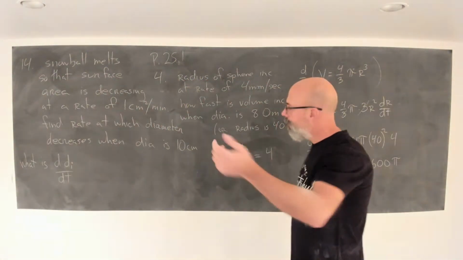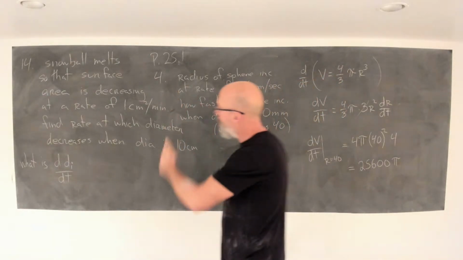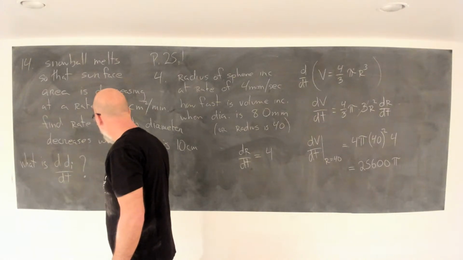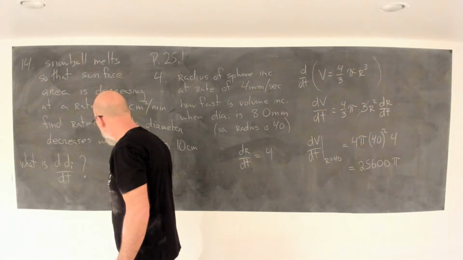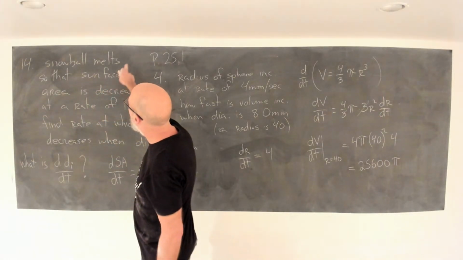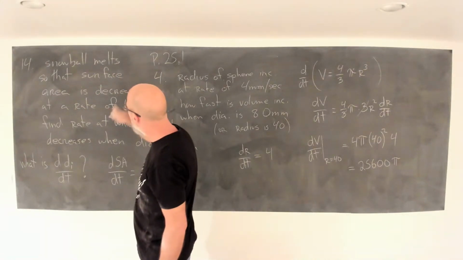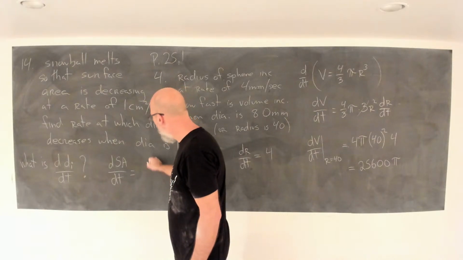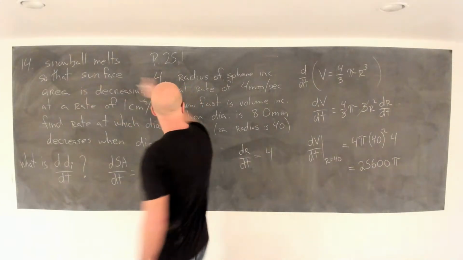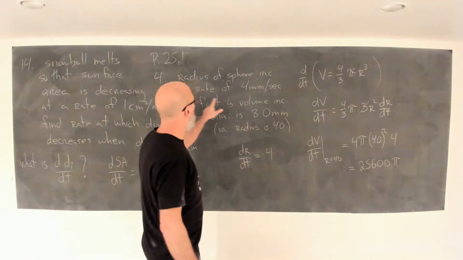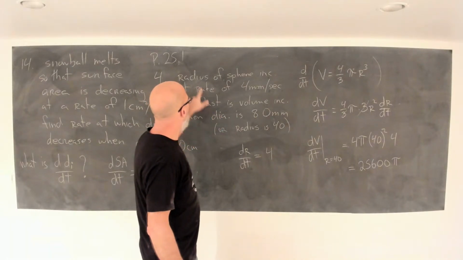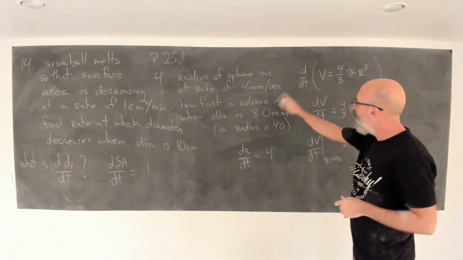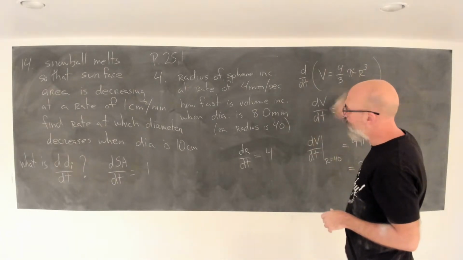And what's given, exactly as Benjamin suggests, is the derivative of the surface area, the rate of change of the surface area. The snowball melts so that its surface area is decreasing at a rate of 1 centimeter squared per minute. Now here, in the previous question, we had things that were increasing, and we had positive rates of change.